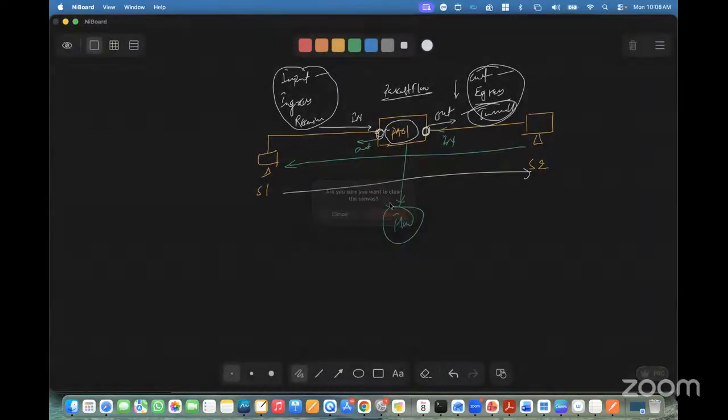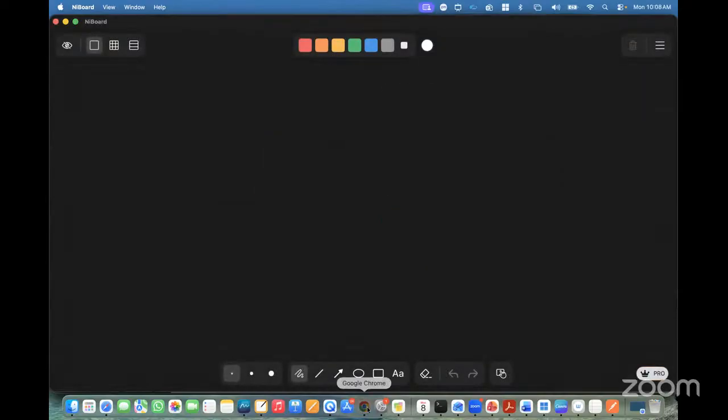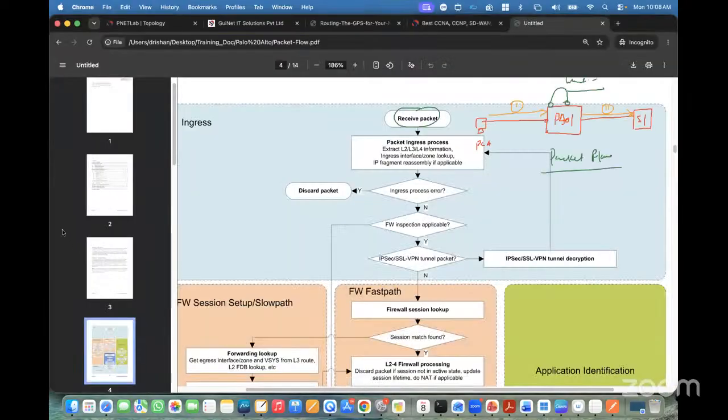All right. Now back on the board, we discussed that we have this packet. The packet is going to be received. After receiving this packet, how the packet is going to take an action, and based on that, how they're going to transmit, we have to understand. So the very first thing, whenever any packet is received by the Palo Alto firewall, in the ingress stage they are going to perform certain actions.